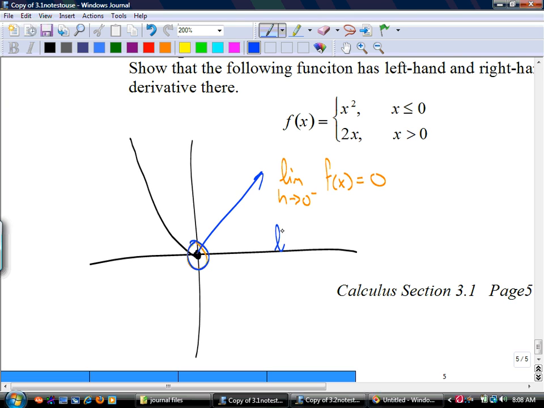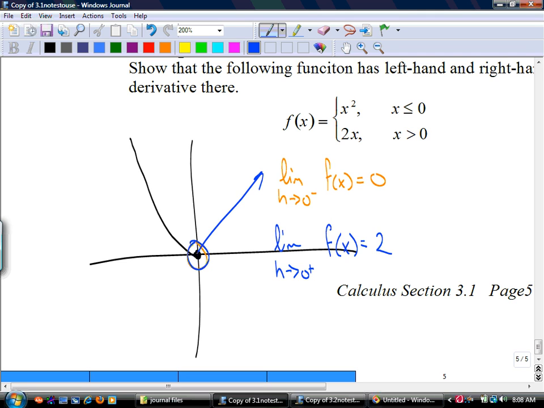The limit as h approaches 0 from the right of f of x. Tell me what the slope of that blue graph is. It's 2. It's positive. So does the function have a left-hand derivative? It does. It's 0. A right-hand derivative? Yes, it does. It's 2.